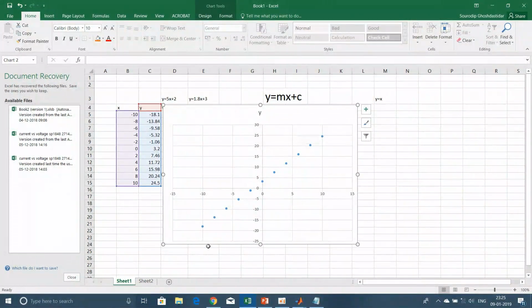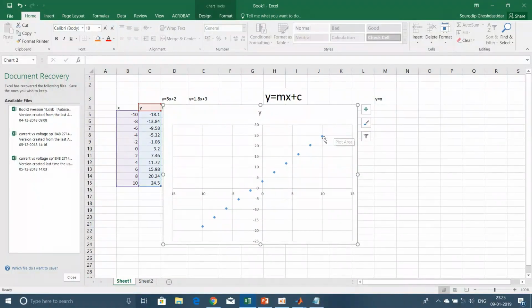So I plotted the experimental data in Excel. So this is x, this is y. I plotted the pairs of x and y in Excel. So the horizontal axis is the x-axis, the vertical axis is the y-axis, and we want to find a curve which fits these data points.